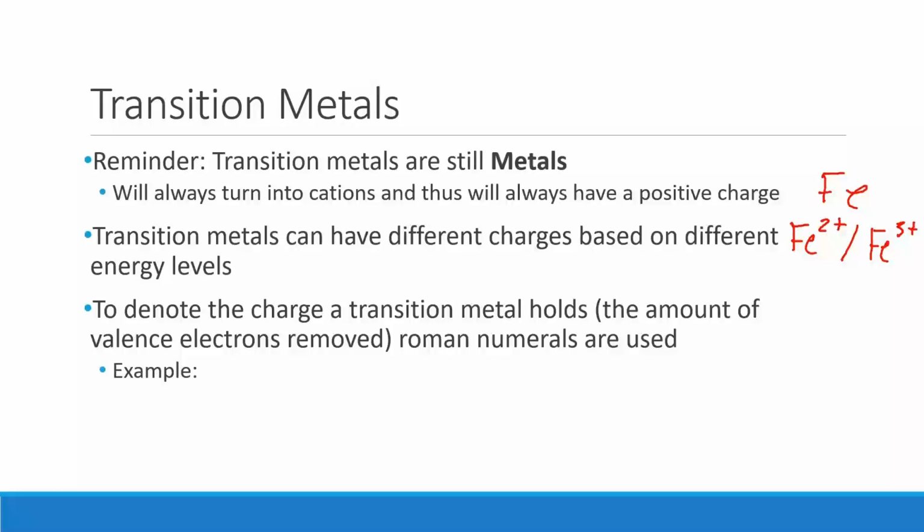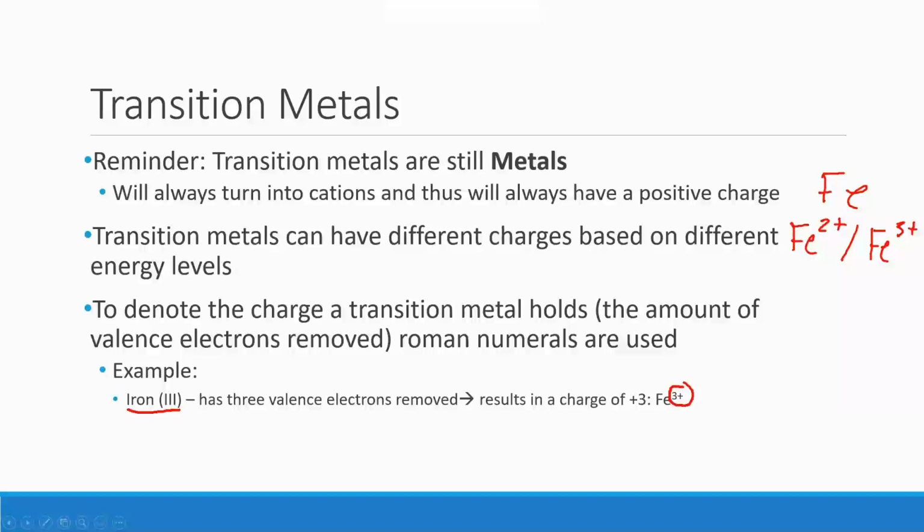So if you wanted to write down the formula for iron 3 or the name of it, it would be very simple. All you do is write down iron followed by the Roman numeral 3. What this Roman numeral 3 shows you is that iron has a 3 plus charge. For the other ion, iron 2, all you would have to do is write down iron 2.